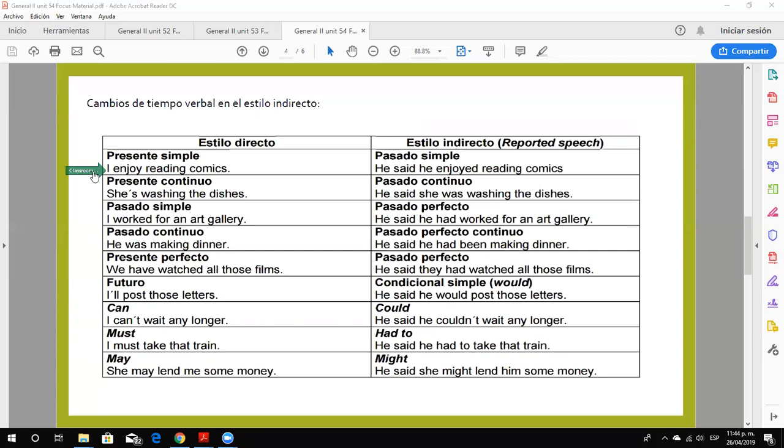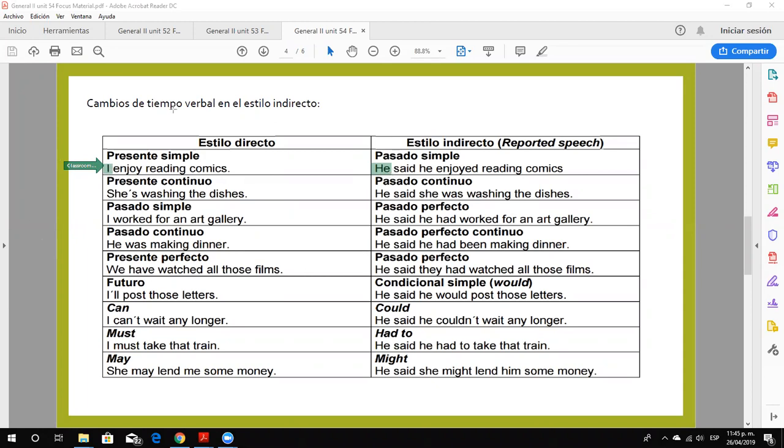Here I am using "I." In indirect speech, I am going to say "he," because in the first one I am saying the words that the other person used, and in indirect speech, I am going to explain what he said.